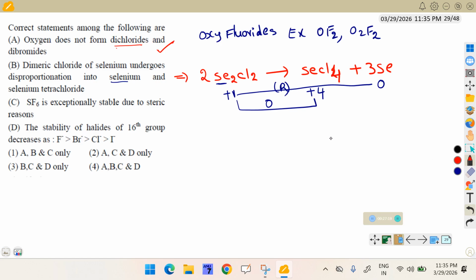SF6 is exceptionally stable due to steric reasons. This is also correct. Stability of halides of 16th group is wrong. The correct order of stability of halides is F minus greater than Cl minus greater than Br minus greater than I minus. Only A, B, C are correct statements.